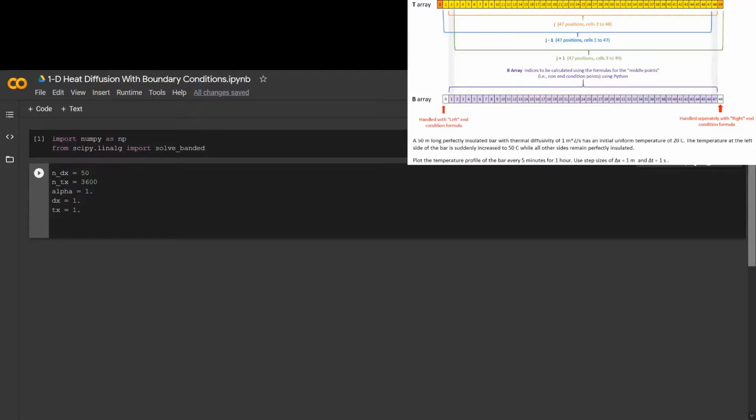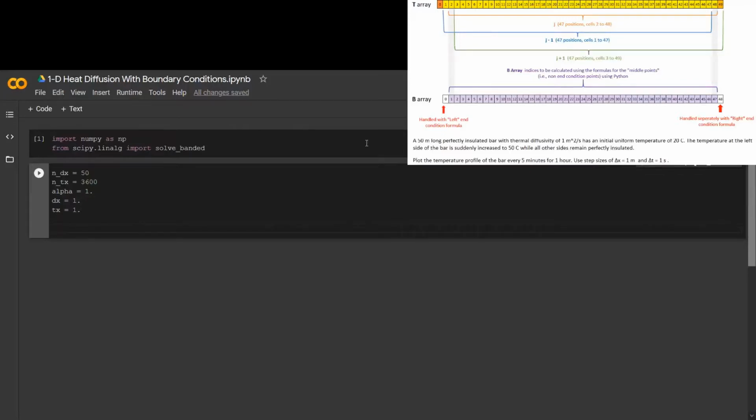And as stated, I guess you can't see my mouse when I'm pointing over at the image, but that darker orange 0 in our T array, that's our left bound where the temperature is remaining at 50 degrees Celsius. And then, in that lighter orange on the far right boundary, that's also that unique case we have to keep in mind where there's some perfect insulation going on, where that 49 is perfectly insulated.